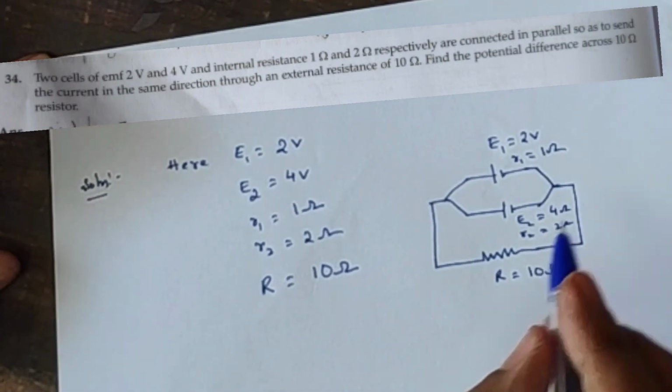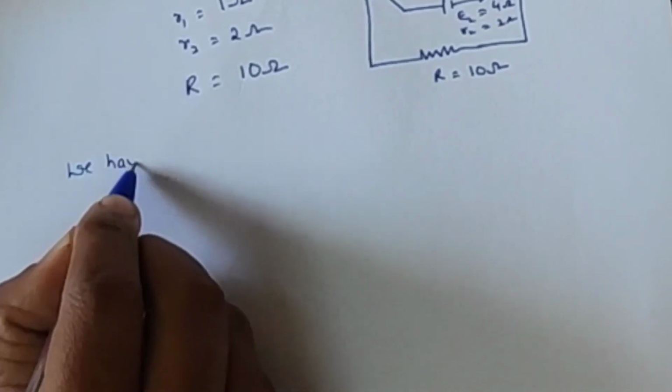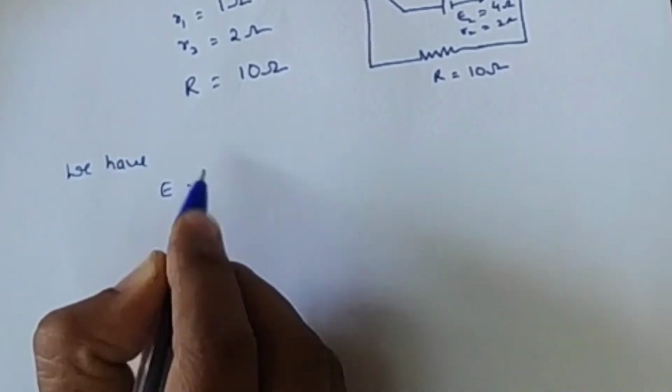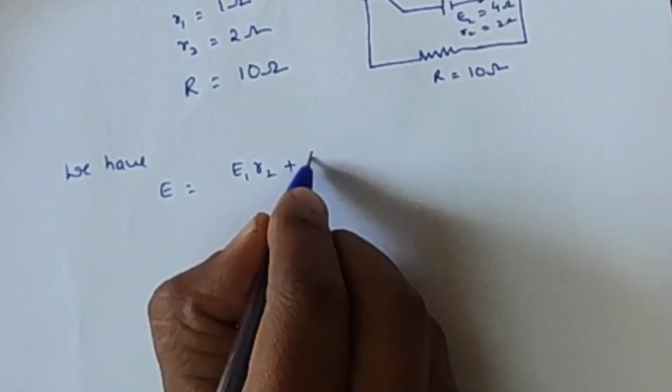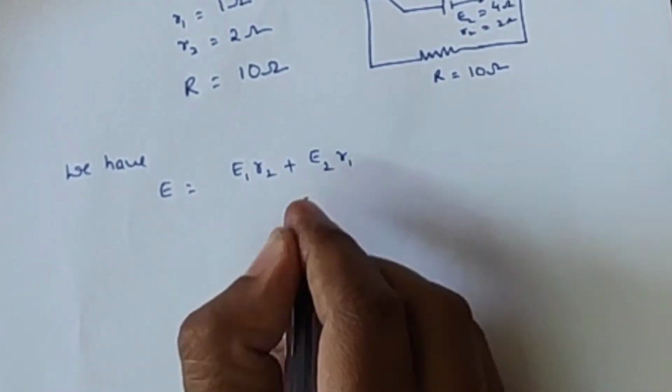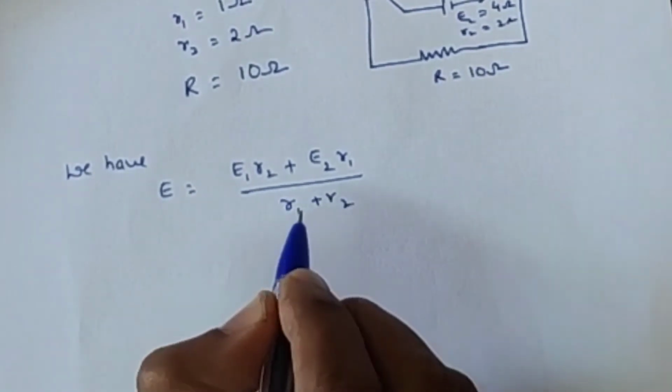So the resultant EMF, we have E equal to E1 R2 plus E2 R1 divided by R1 plus R2.